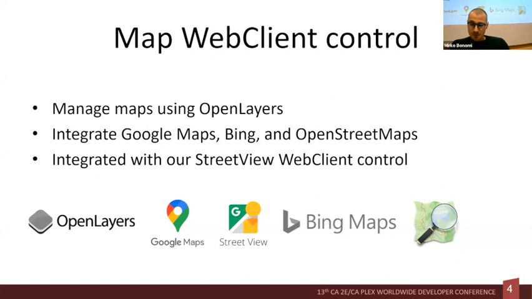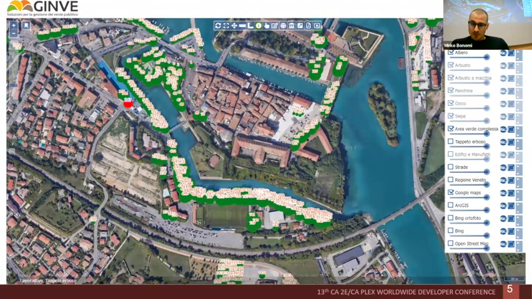It provides a flexible set of tools for displaying maps and geospatial data in web browsers, and supports a wide range of map providers and data formats. This map web client control has been integrated with the Street View web client control that implements the Google Street View API, which shows the pedestrian's point of view. Here you can see a sample of the achieved result.